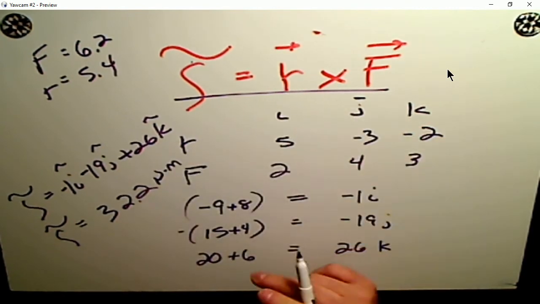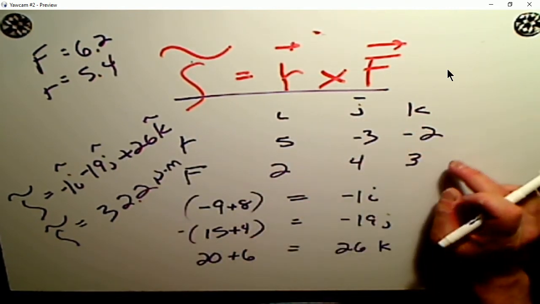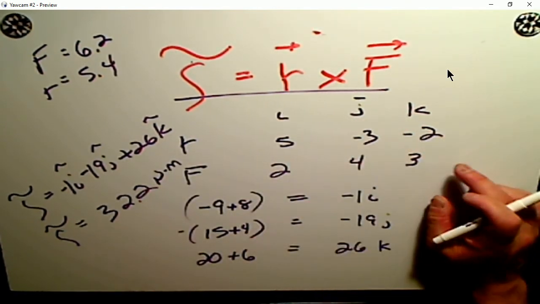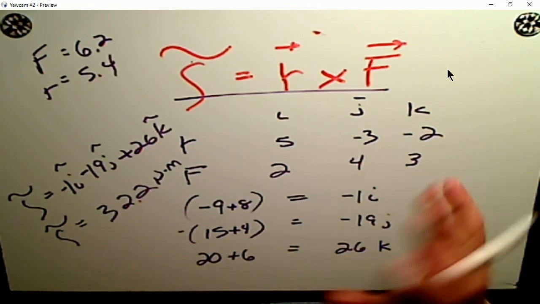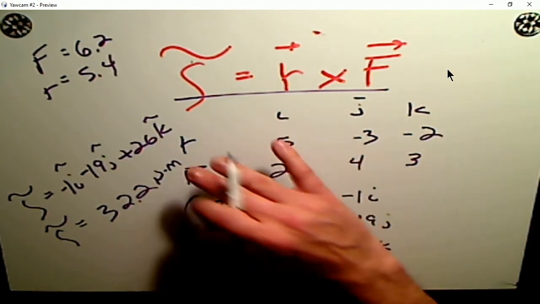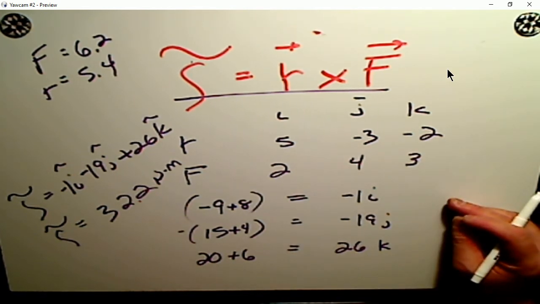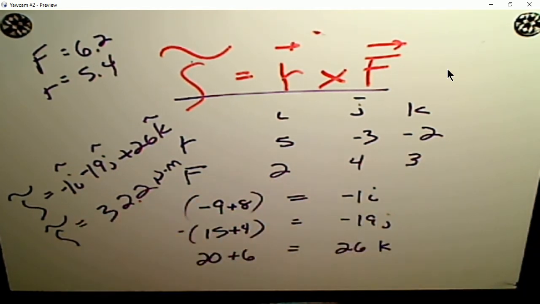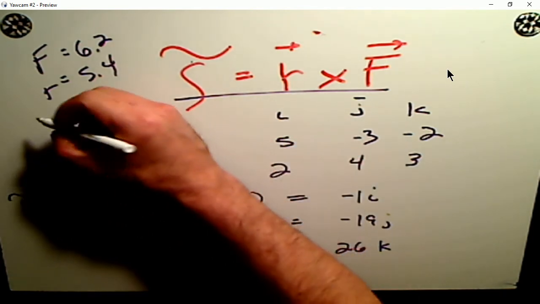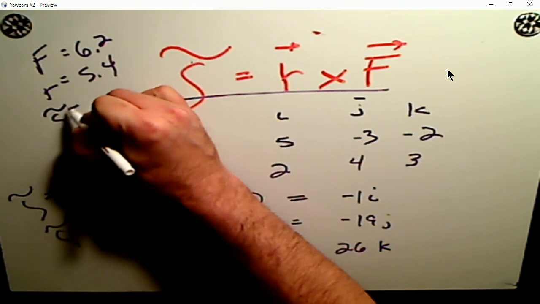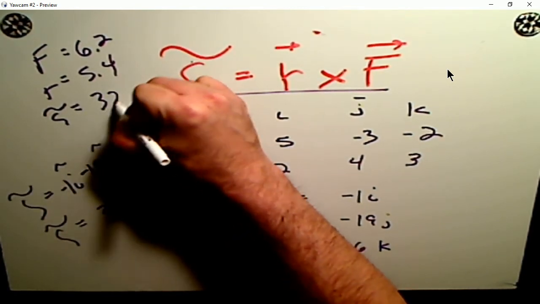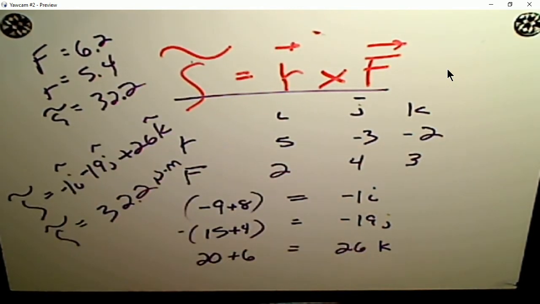So doing this cross product, if given two three-dimensional vectors, or you can do it in two dimensions, and if it's only two dimensions, you just put zeros here and you'll see how you'll get your answer. I can figure out the torque. So let's remember that number, 32.2.